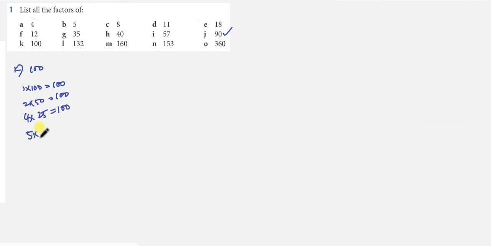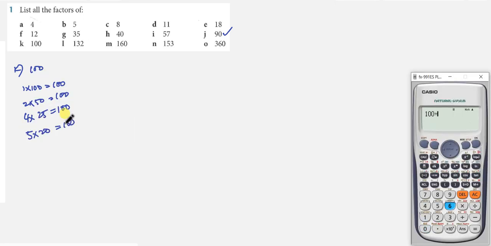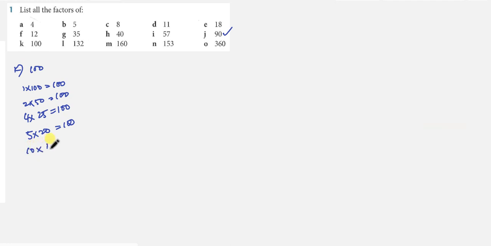So 5 times 20 is equal to 100. 100 by 6, by 7 it won't be. 100 by 8, no. The next we can is 100 by 10. So 10 times 10 is equal to 100. That's the end.